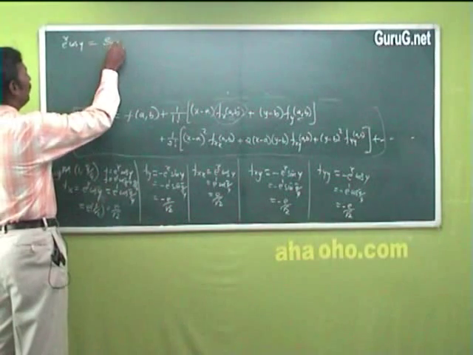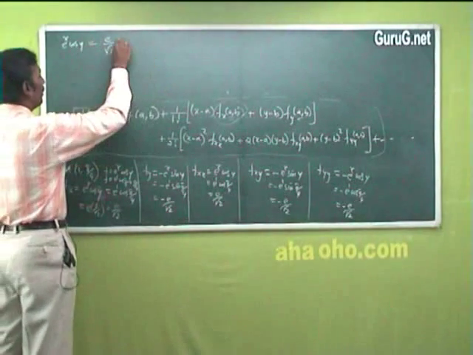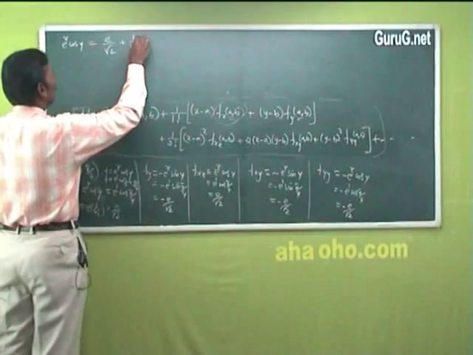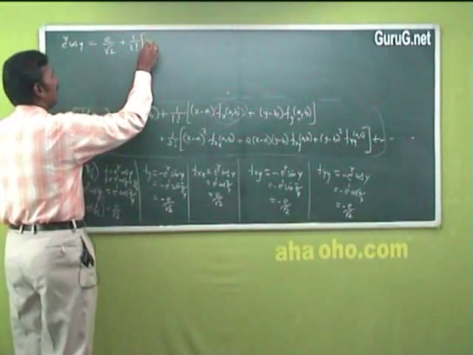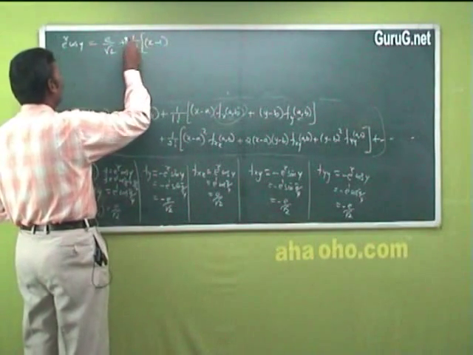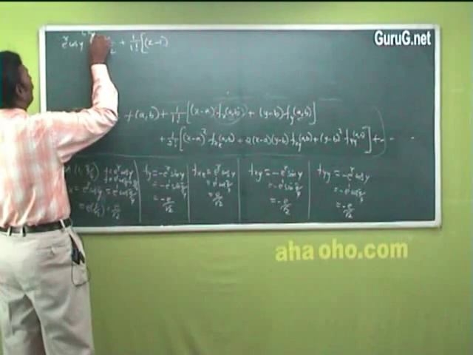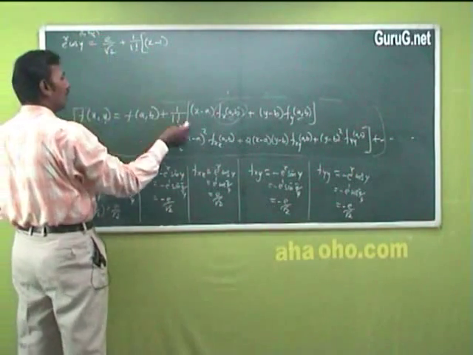So e by root 2 plus 1 by 1 factorial, x minus a, that is x minus 1. Near the point 1 comma pi by 4, this is a and this is b.